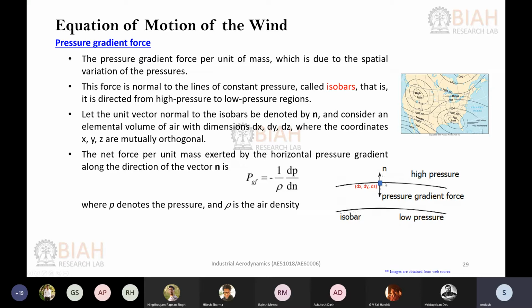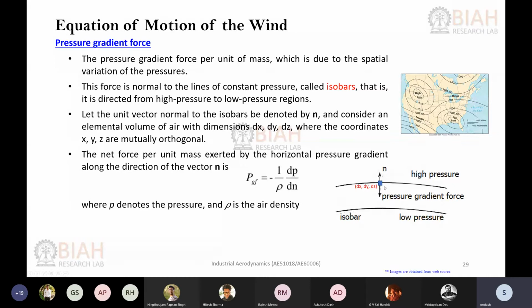Here I have considered two isobars. The bottom one is low pressure and the top one is high pressure. To represent the force on this particular air molecule, which has infinitesimally small volume dx dy dz, let's say at this point the unit normal vector is pointing outward, and it is n.